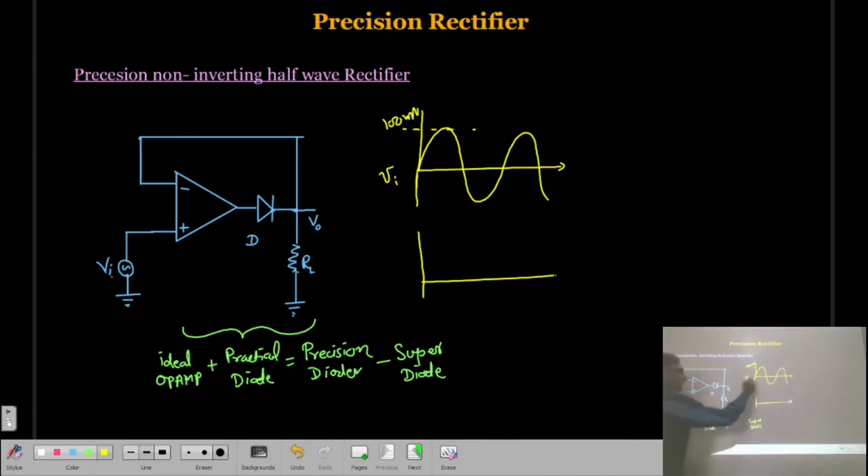So now when this positive cycle comes here at the input, then this point, here this is a non-inverting op-amp, so at this point there will be a positive voltage. And due to this positive voltage, the diode D1 will be in forward bias, and you can consider this one as a short circuit because the diode is in forward bias.